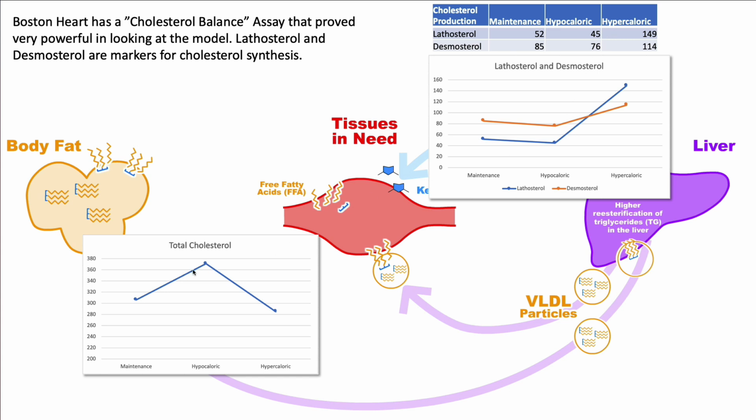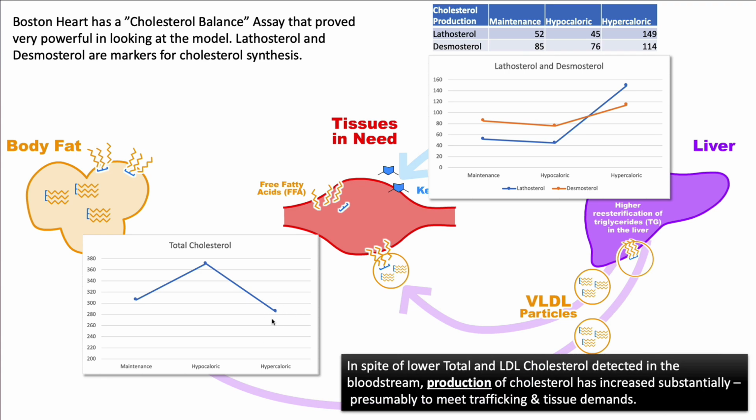So even though the detected amount in the serum is higher, the production is lower, and vice versa, the detected amount goes down. So in spite of lower total and LDL cholesterol detected in the bloodstream, production of cholesterol has increased substantially, presumably, to meet trafficking and tissue demands. Obviously, as a major central part of this talk, I'm suggesting that one of those tissue demands in particular is adipose tissue.